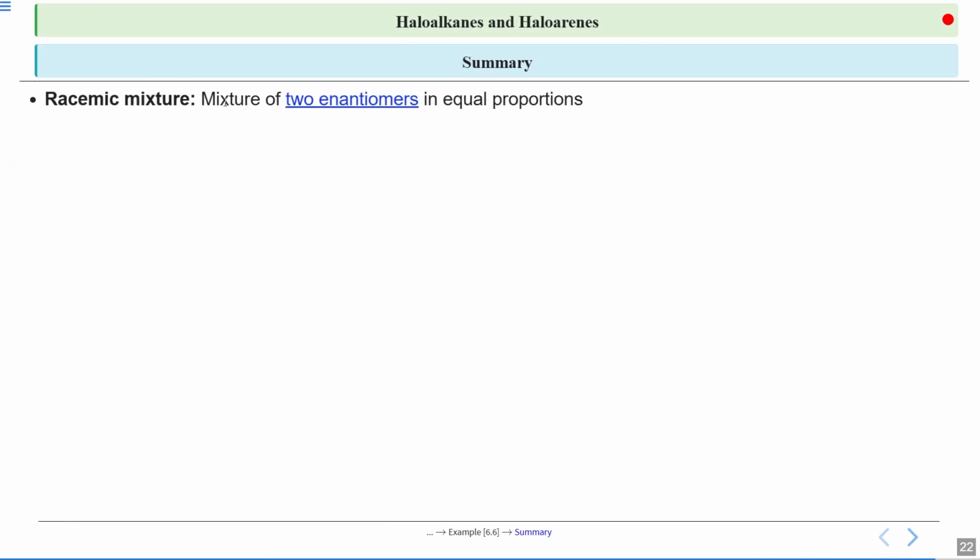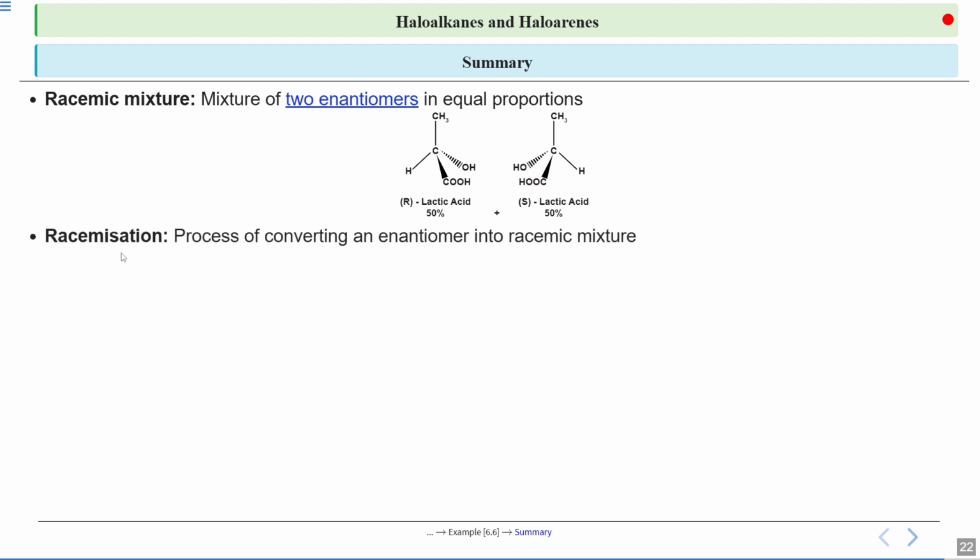Then we have talked about the racemic mixture, the mixture of two enantiomers in equal proportions. One example is the racemic mixture of lactic acid. Racemization is the process of conversion of an enantiomer into the racemic mixture. And the racemic mixture has zero optical rotation.